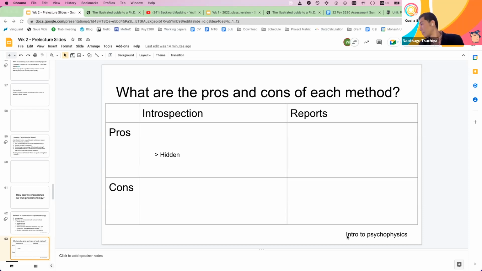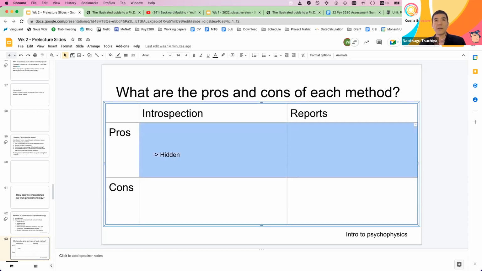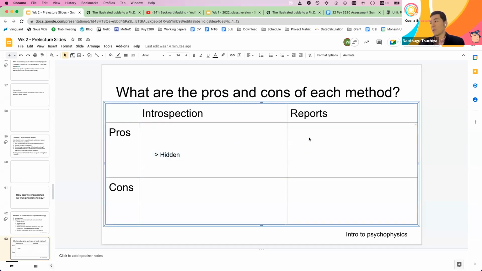Are you potentially too shy to say anything? What's the advantage of, let's say, the easiest thing, probably reports, to study consciousness?